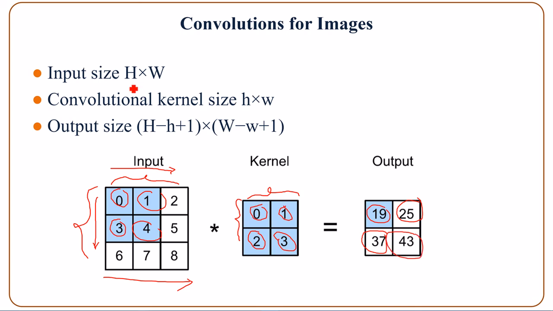In a general case, if the input size is h by w, h is for height and w is for width, and if the convolutional kernel is also of the size of h by w, lowercase, then the output size is uppercase h minus lowercase h plus 1 by uppercase w minus lowercase w plus 1.